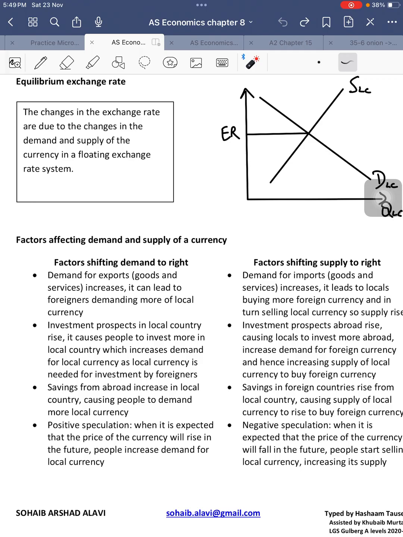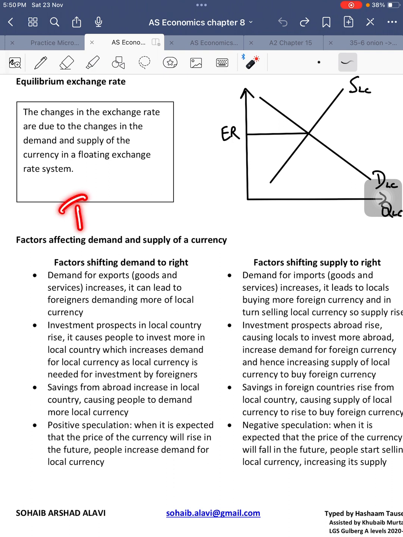So when investment prospects are high in the local country, foreigners will tend to invest in our country as well. And when foreigners invest in our country, they have to invest in our currency, because when they bring their investment to Pakistan, they will have to invest in rupee terms. For that, they need to buy rupees in order to invest in Pakistan, and that results in an increase in the demand for the rupee or the local currency.